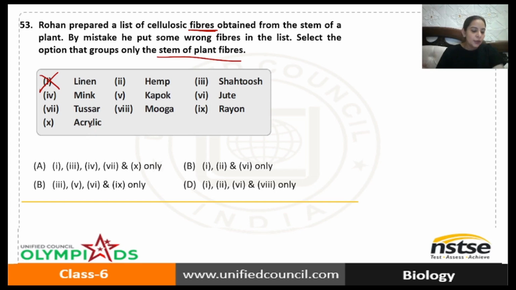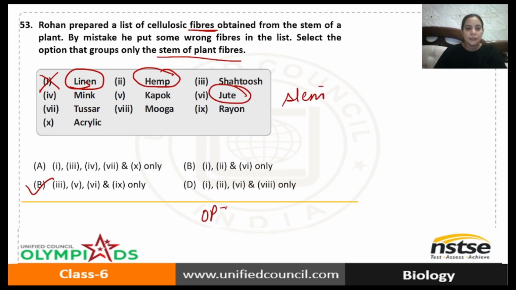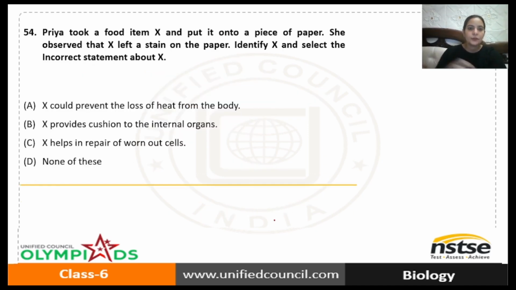Option B would be right, because in this only linen, hemp, and jute are obtained from the stem of the plant. The rest of the options are wrongly placed. So you need to remember this. Option B is correct. Next question.